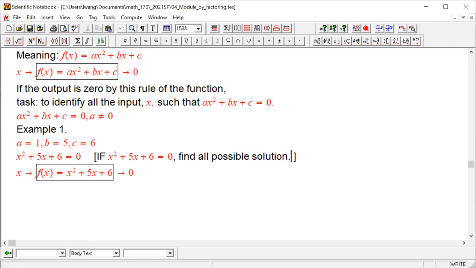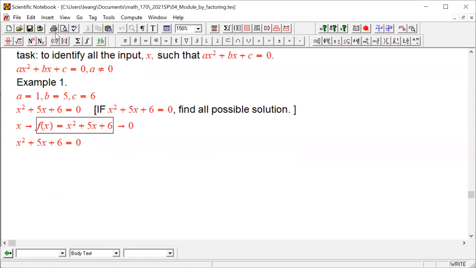Okay, so we got the grammar correct. So when we solve this equation by factoring, if the factoring is pretty easy, then we can go by factoring. I believe this is a rather simple example that you can factor.